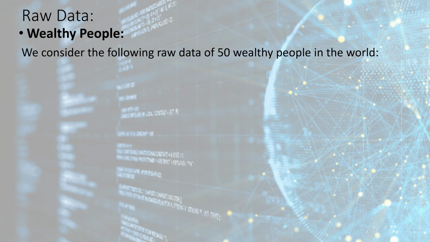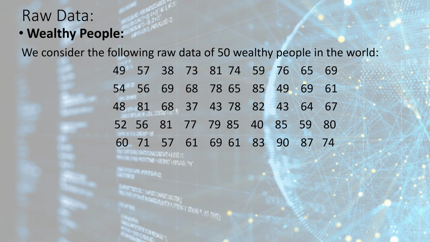Let's suppose somebody gives you this raw data of the 50 wealthiest people in the world in this form. From here you cannot observe anything. If you look into the data, can you conclude anything?